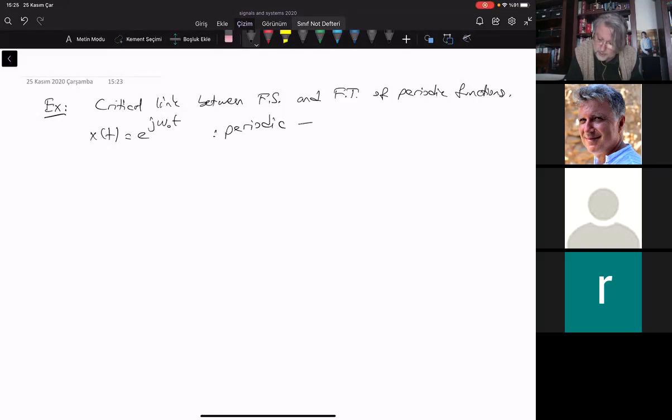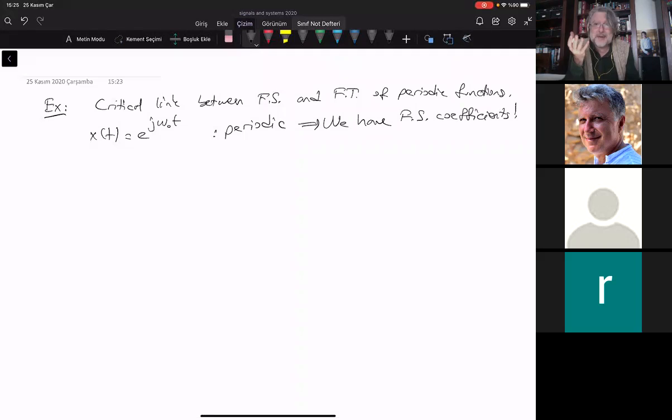Okay, therefore, we have the Fourier series coefficients. So we will use those Fourier series coefficients to construct the Fourier transform. What are the Fourier series coefficients, by the way? For this one, there's only one Fourier series coefficient.